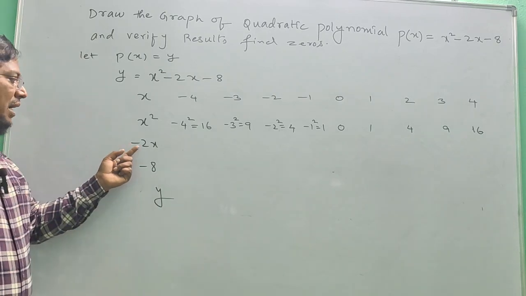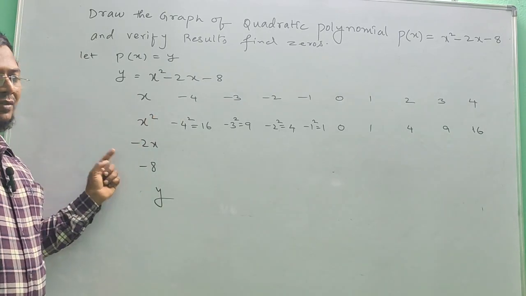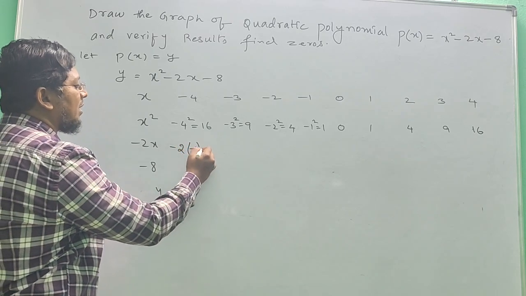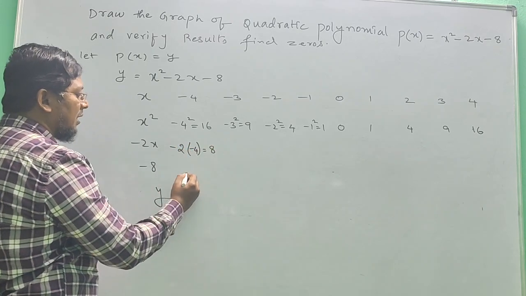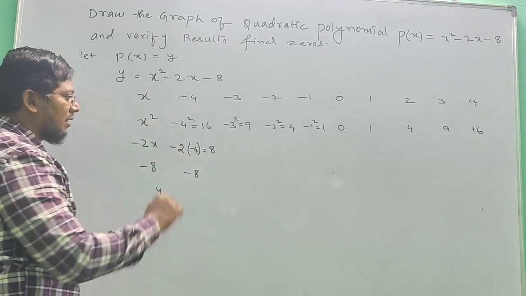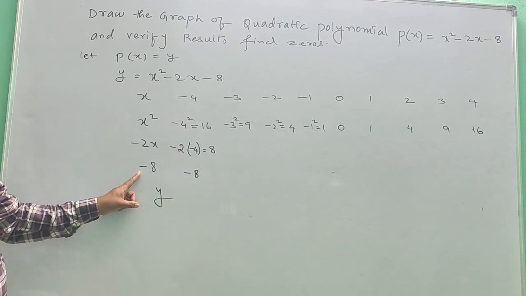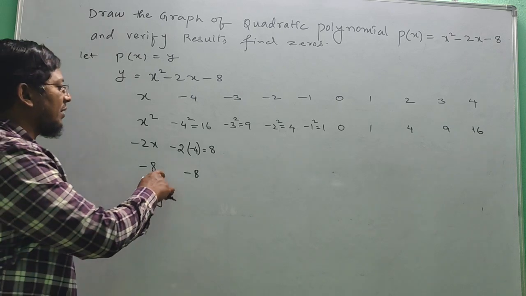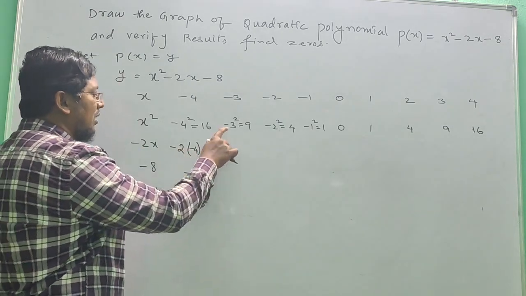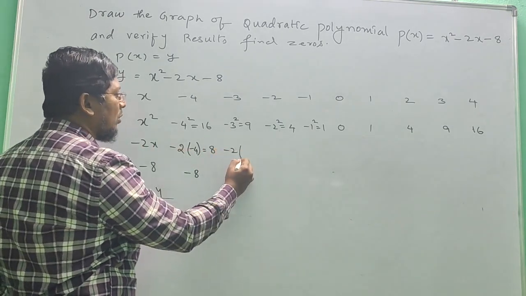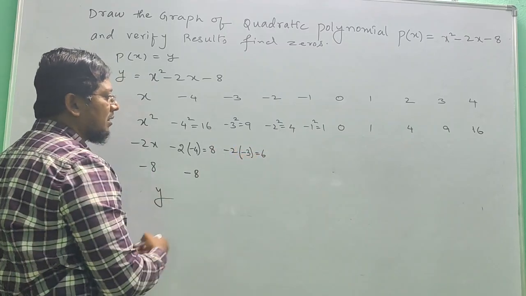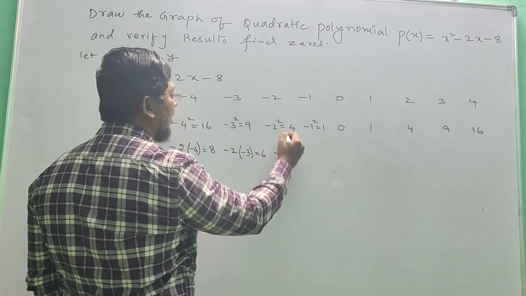What is the next one? Minus 2 into minus 4, minus into minus plus, is 8. Minus 2 into minus 3 is 6. Minus 2 into minus 2 is 4. Minus 2 into minus 1 is 2.